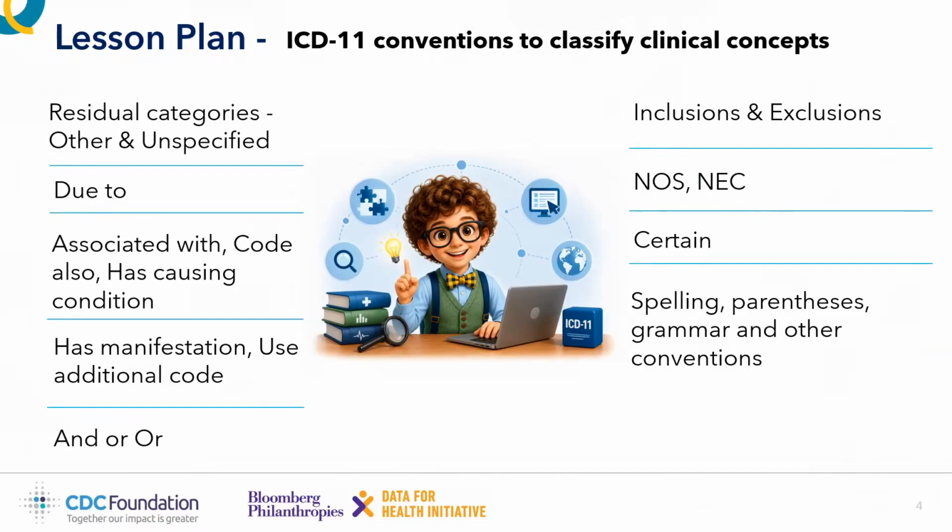We will discuss residual categories, other specified and unspecified, due to, associated with, code also, has causing condition, has manifestation, use additional code, the conventions and or inclusions and exclusions, NOS and NEC, not otherwise specified and not elsewhere classified, certain, then spelling, parentheses, grammar, and other conventions.